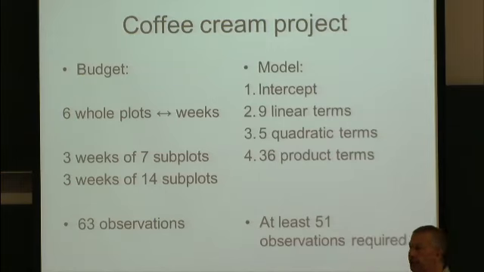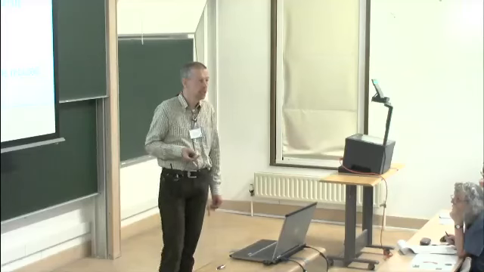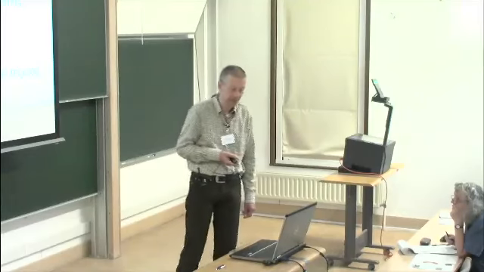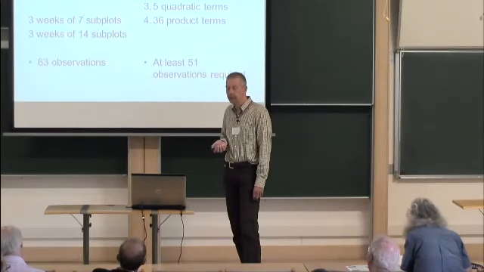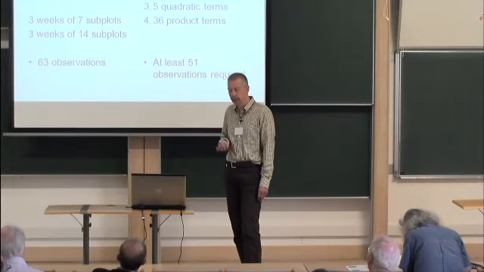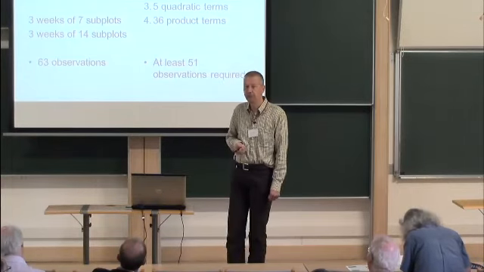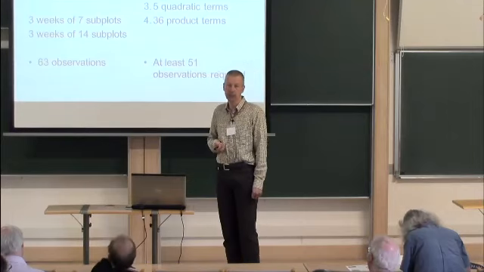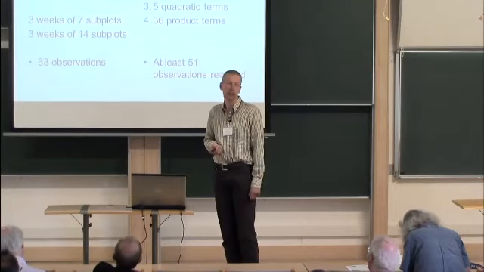Also, it was possible to conduct 3 weeks with 7 subplots, sorry, and 3 weeks of 14 subplots. So in 3 weeks there were 7 batches of coffee cream to be made, and in 3 other weeks there were 14 batches of coffee cream to be made. So there was sufficient budget for a total of 63 observations, and this is well in excess of the 51 observations that were minimally required.